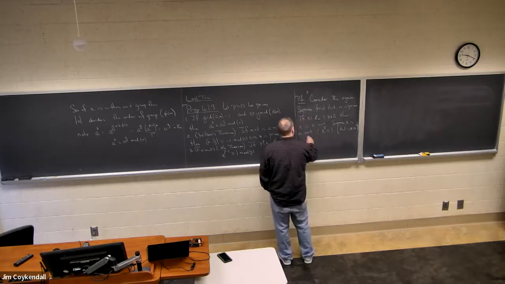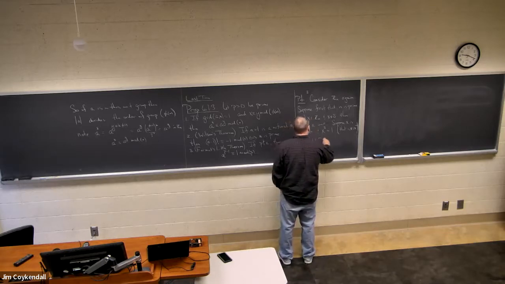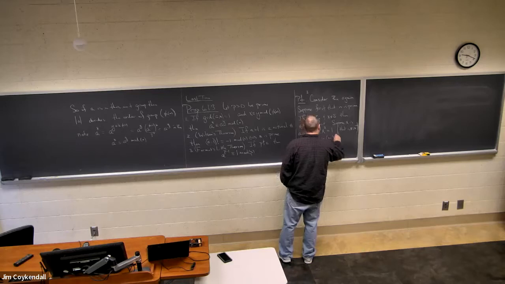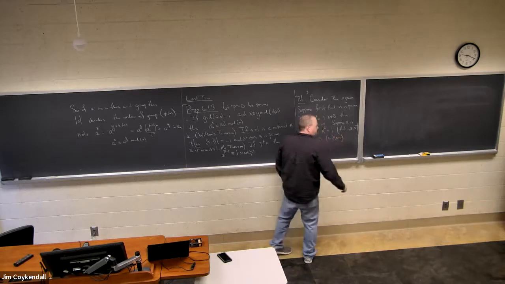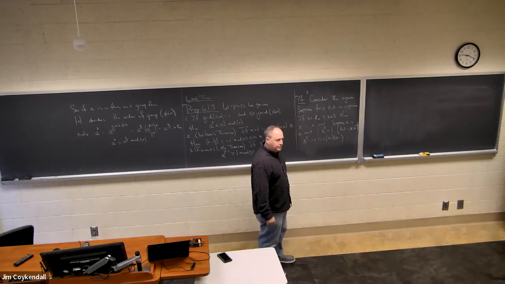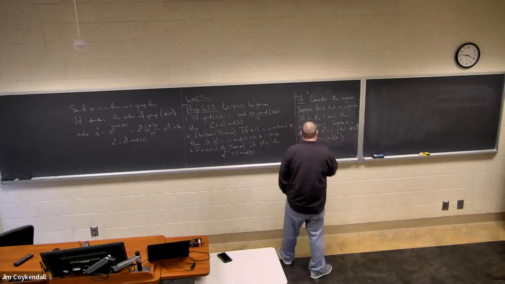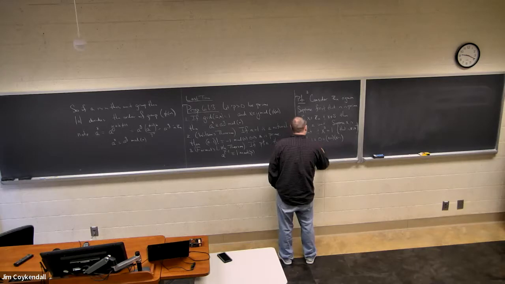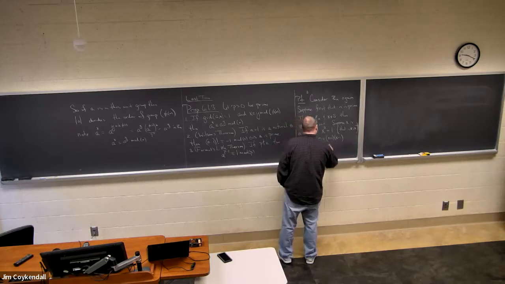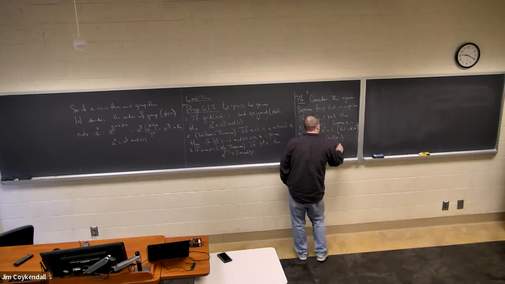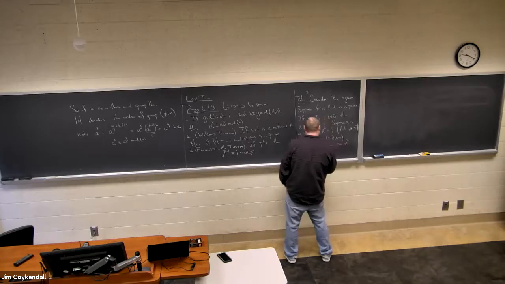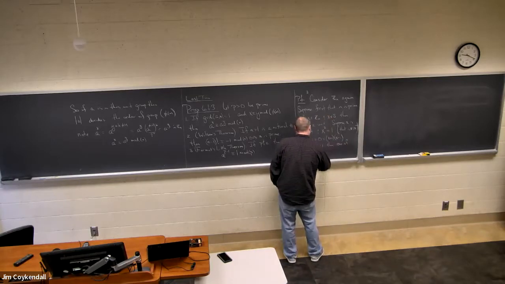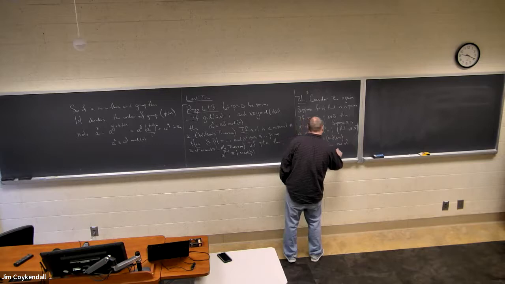This means that x squared minus 1 is 0, which is x plus 1 times x minus 1. So if x is not equal to plus or minus 1, then it is a zero divisor.